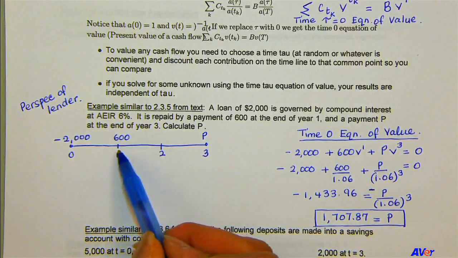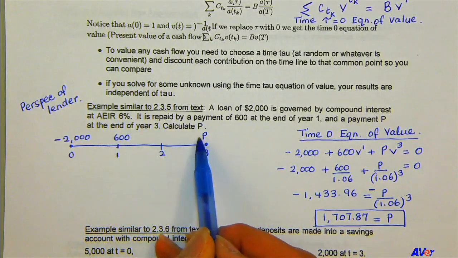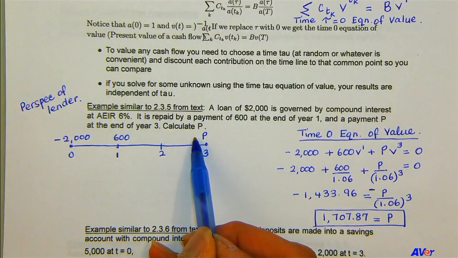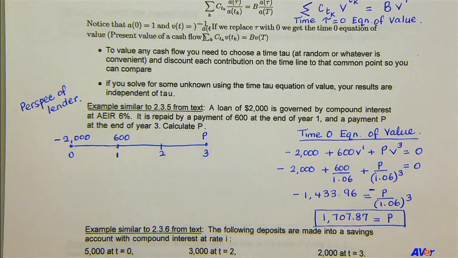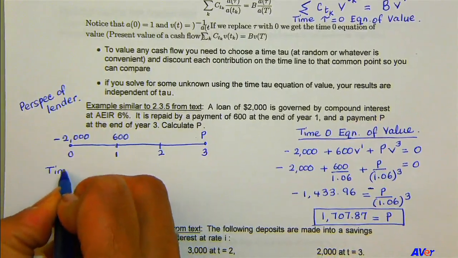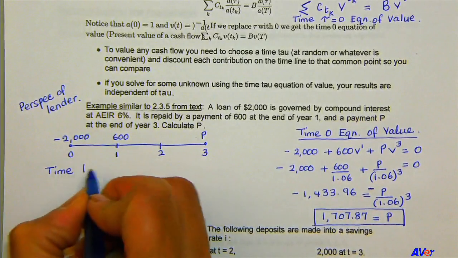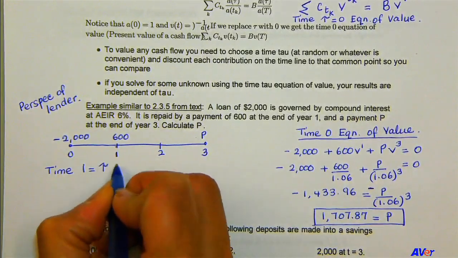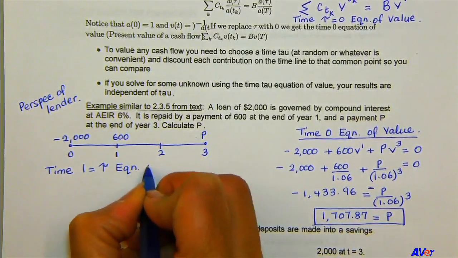So 600 times 1 plus i squared plus P, that would be the total amount paid, and you came away with $2,000, so the difference would be the total interest paid. Make sense?